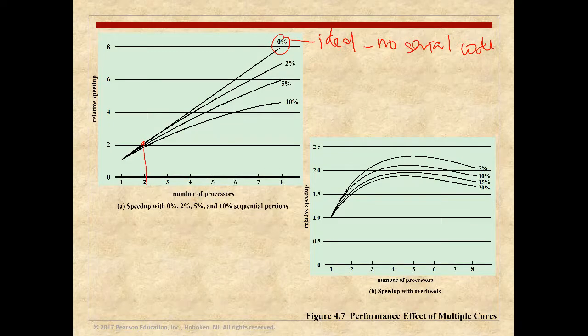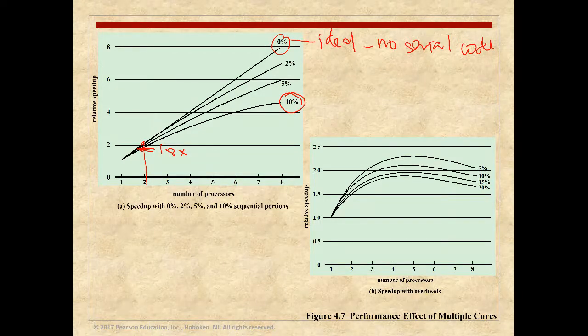But when the fraction of serial code is 10%, it becomes 1.8 times relative speed up, meaning now it's not as fast as before when you had no serial code in the program.